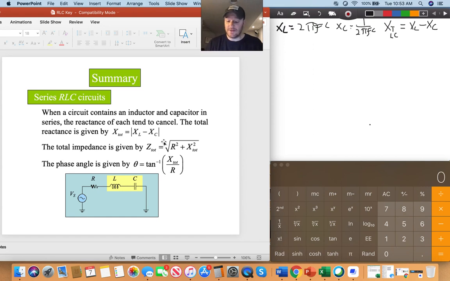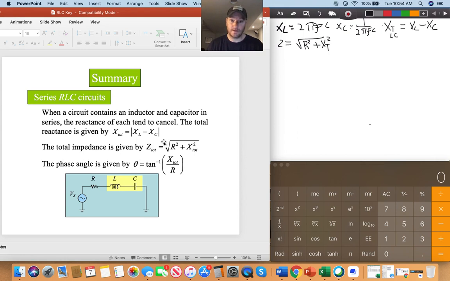Now, the reason this step is so important is because it helps us to calculate our Z. Z is equal to the square root of R squared plus X LC, which I'm going to write as X total, squared.